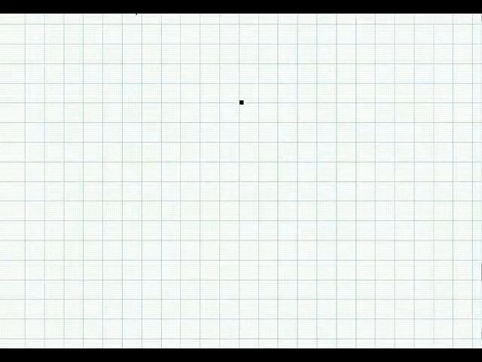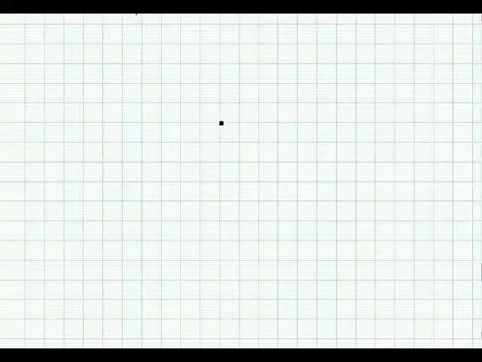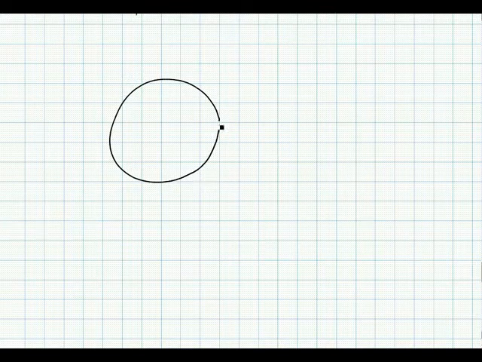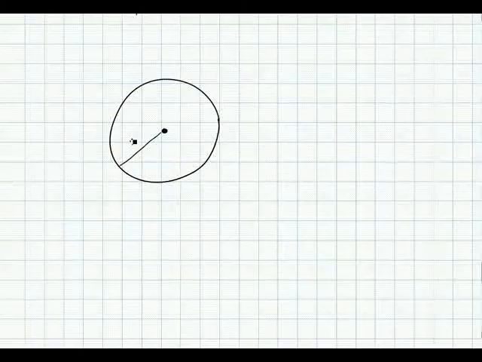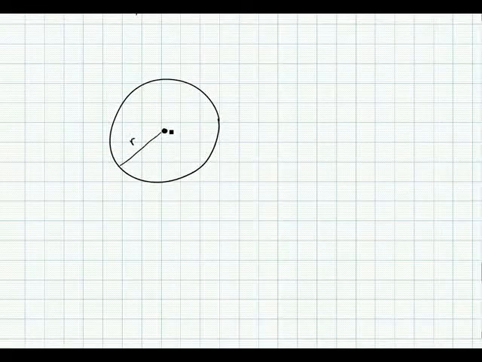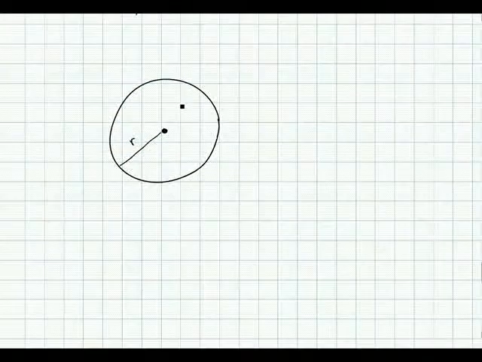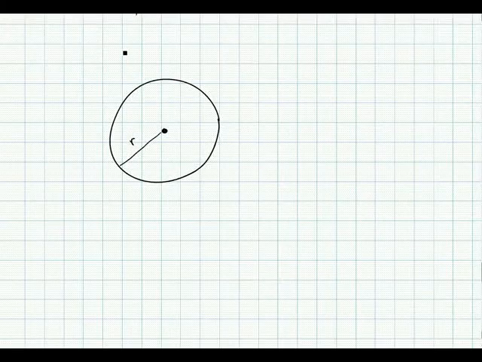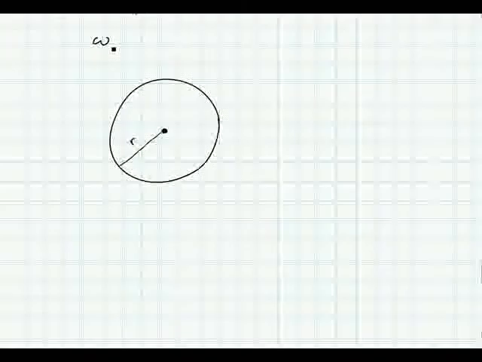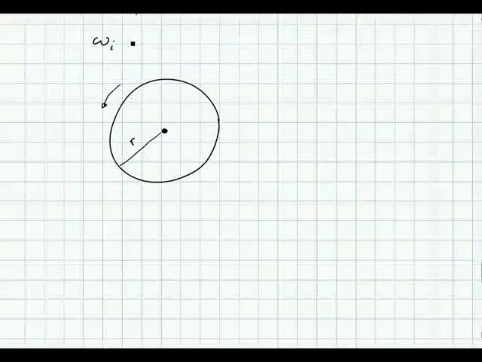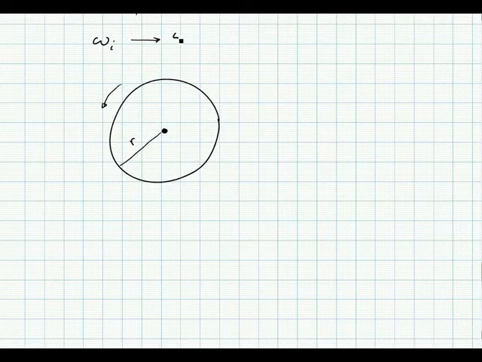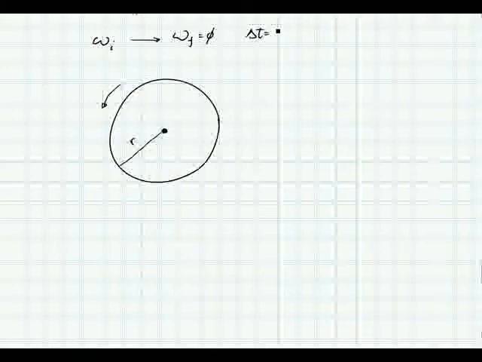Now, in example 2, let us consider once again a disk which is rotating about its center. Say the disk has a radius r, and let us say that the disk is rotating with an initial angular velocity omega I. So this is omega I, and we want omega I to drop down to 0, so omega final is 0 in 4 seconds.